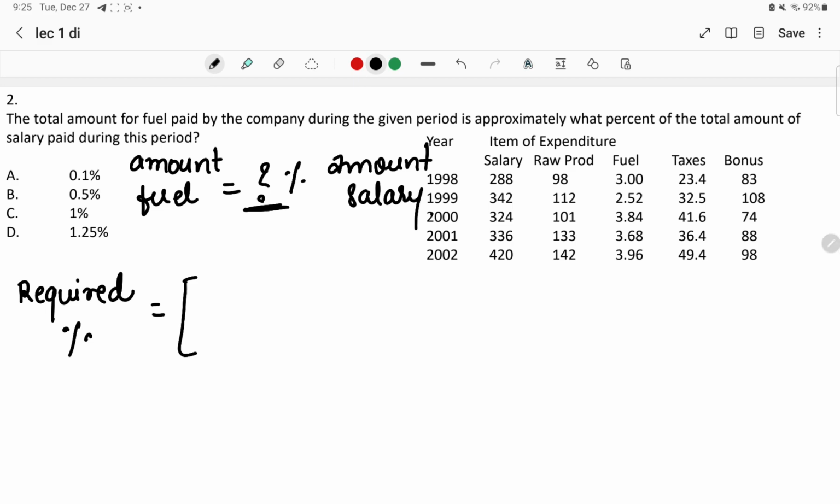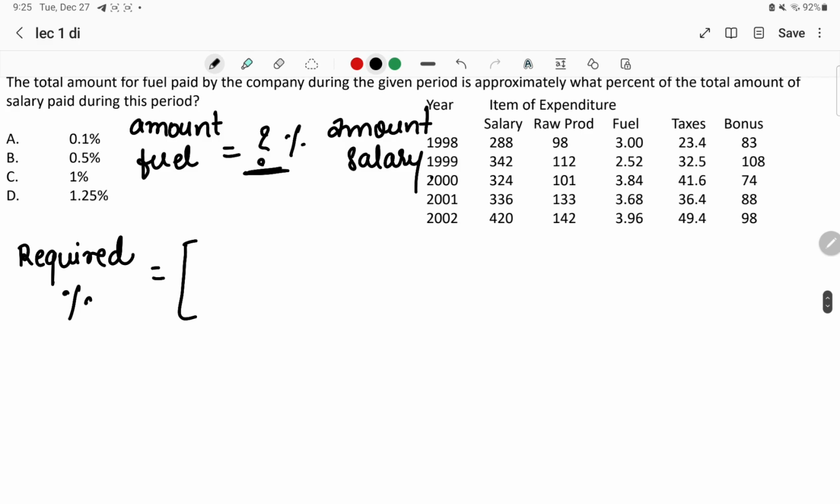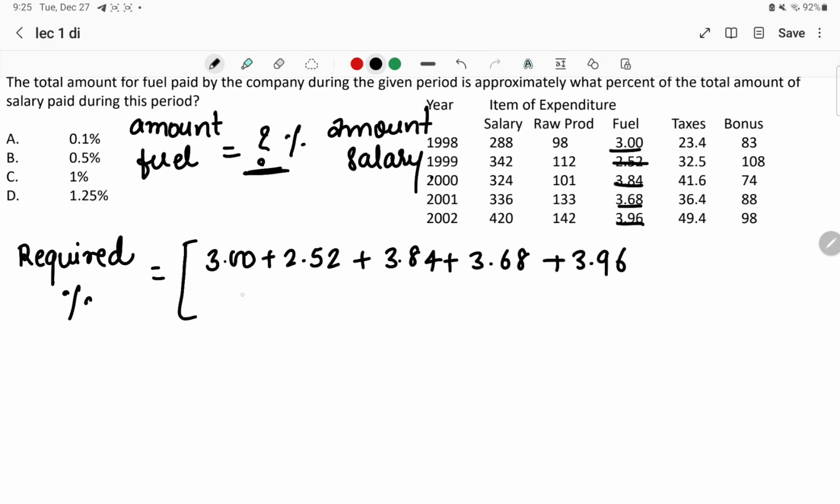So for that, we know the data for fuel: 2.52 plus 3.84 plus 3.68 plus 3.96 upon what?